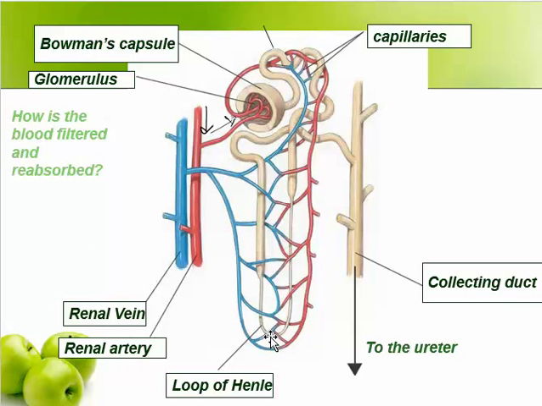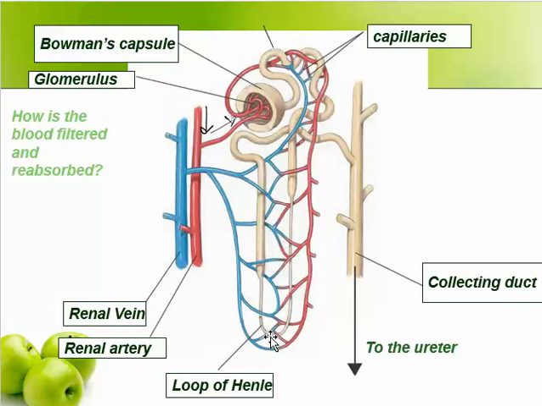Now, when we're looking at this nephron, there's a couple of parts you need to be aware of. There's that renal vein and renal artery again. Then you have what's called the glomerulus, and that's a tangle, I guess you could say, of blood capillaries. Then you have Bowman's capsule. Over here on the right where it says collecting duct, that's where the urine's going to collect.